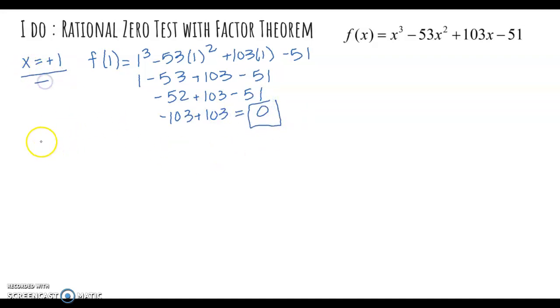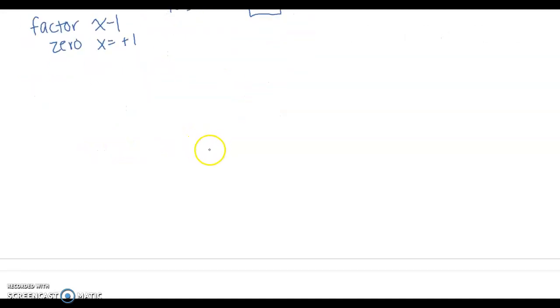So this is a factor. So x minus 1, because you're going to flip this to put it back, is a factor, and the zero is x equals positive 1. So once we know that we have a zero, we're going to use synthetic division to simplify.